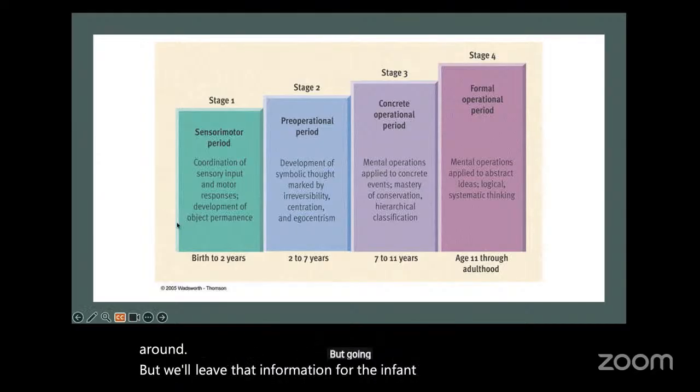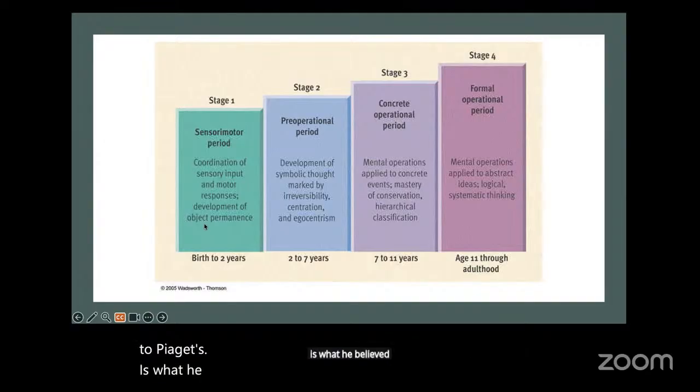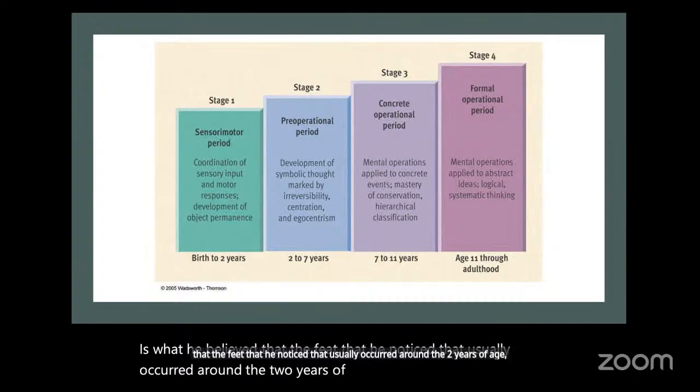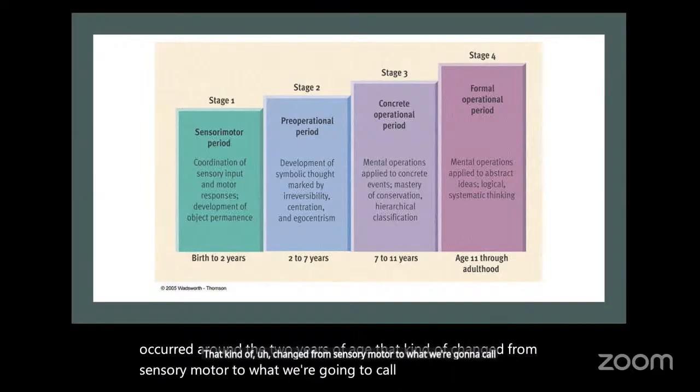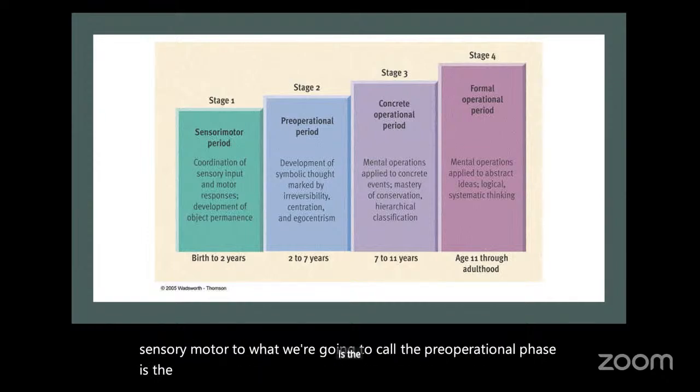But going back to Piaget, the feat that he noticed that usually occurred around 2 years of age that changed from sensory motor to what we're going to call the pre-operational phase is the ability of a child to solve what are called permanent object problems.